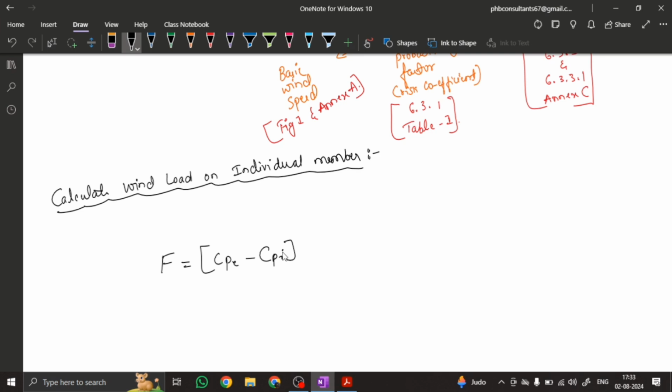What do you mean by Cpe? Cpe means external pressure coefficient.